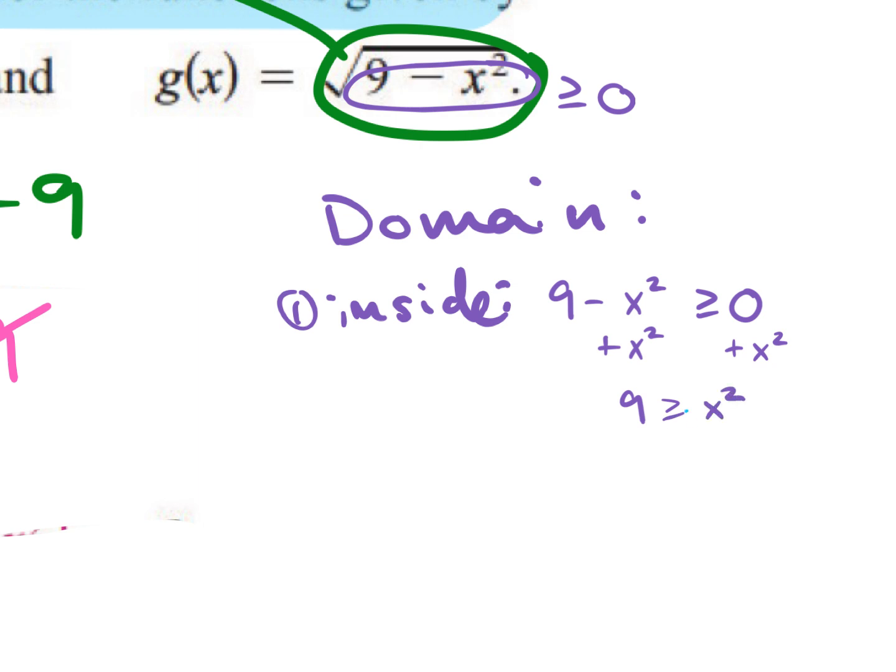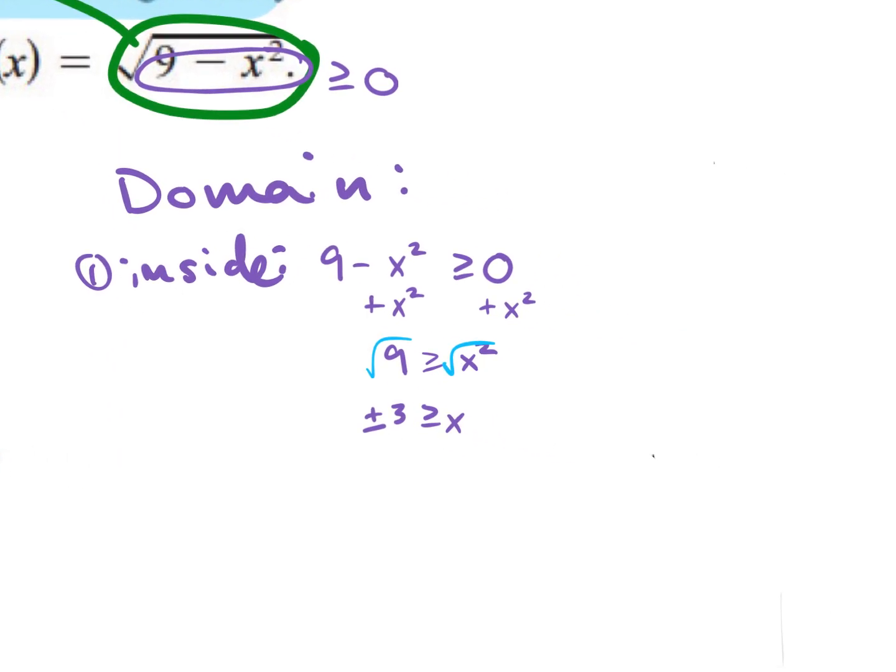Take the square root. So x would be less than or equal to what? Plus or minus 3. When you take the square root of both sides, you got to put that plus or minus. So we have two numbers here. We got to talk about if we're inside these two values or outside. So I'm going to put them on a number line just so we can see.